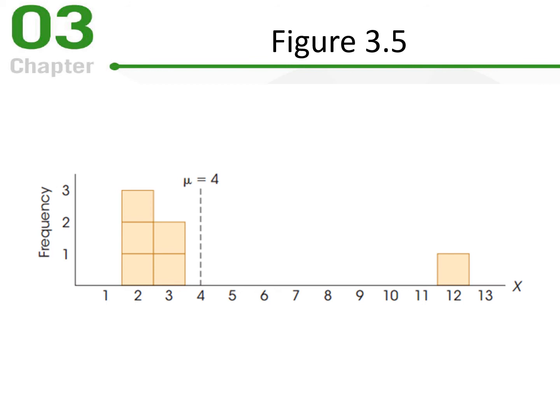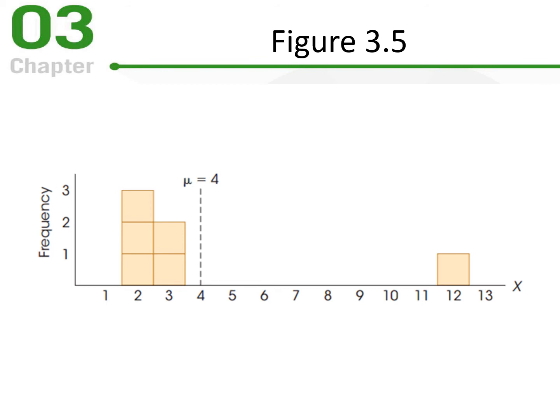So here's another slide showing what happens with the outlier. Here 12 is considered an outlier. This distribution of only 6 scores is going to be positively skewed, the tail to the right, because of that outlier. That outlier is now pulling the mean in its direction. If you look at the other scores, they're around 2 and 3.